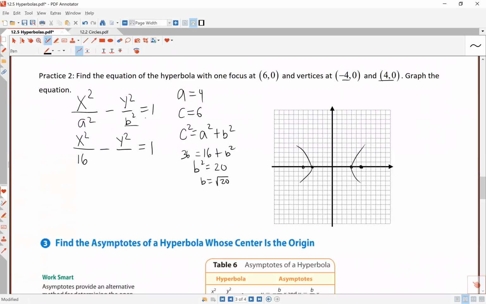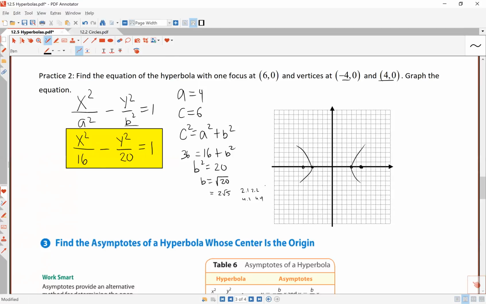Remember, the formula is for b squared, so b squared is 20, and there is the equation.